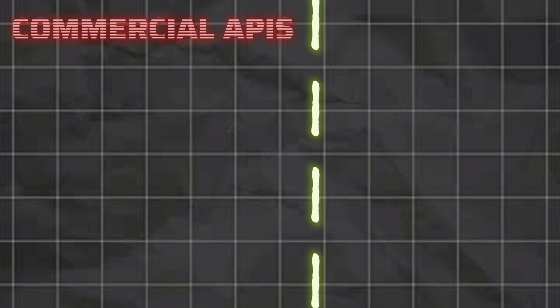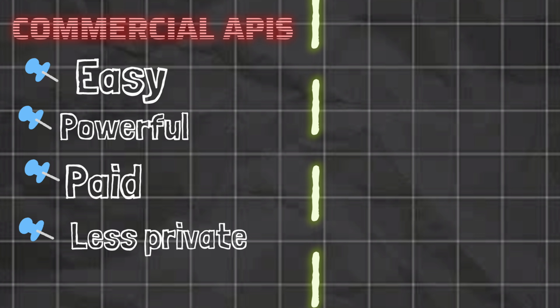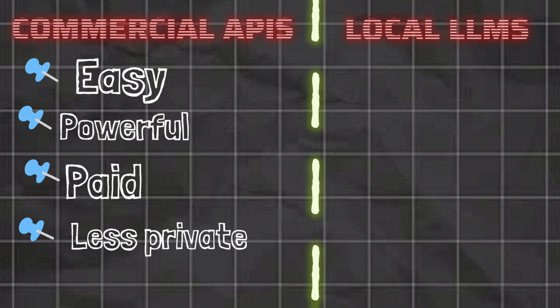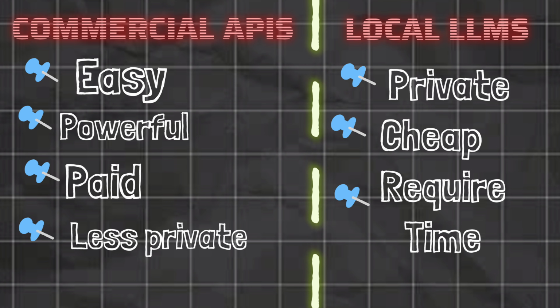So you have two options. Option one, you can use commercial APIs, which are easy, powerful, but they are paid and less private. Option two, you can use local open source models, which are private, cheap, but they require slightly more time for setup. And tools like LM Studio are making this option very easily accessible.